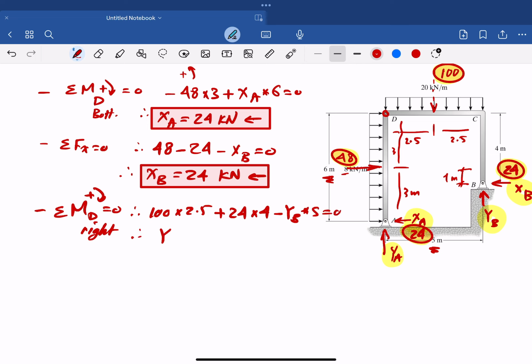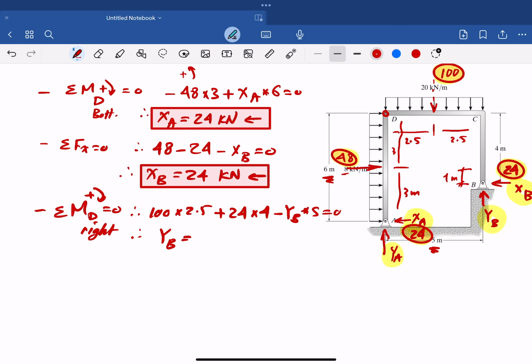From here we can get the YB. Let's use our calculator. So 100 times 2.5 plus 24 times 4, all divided by 5.